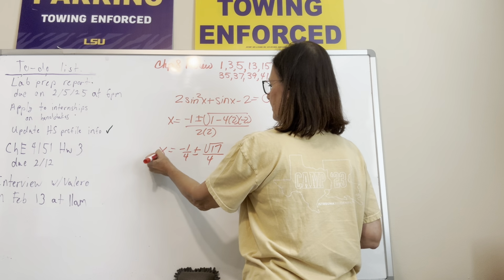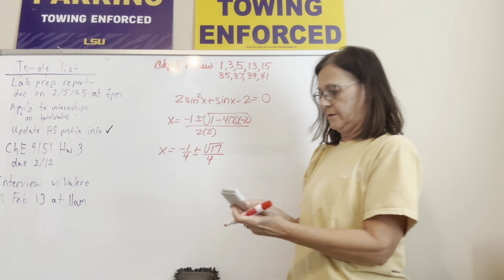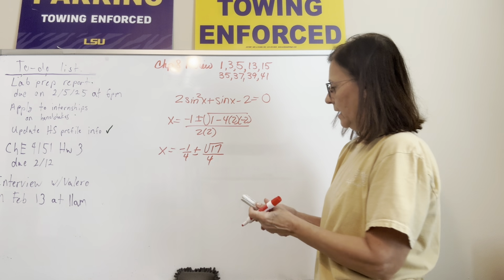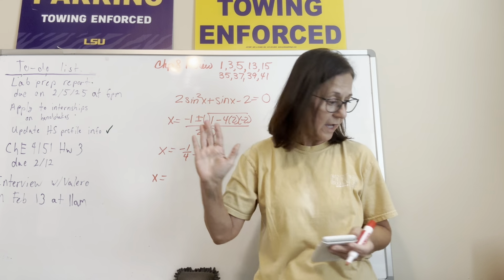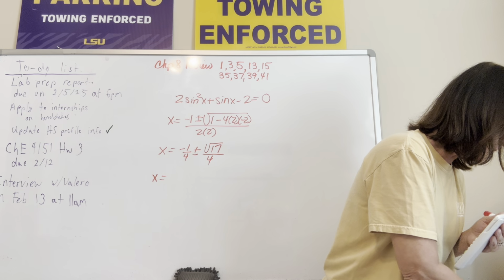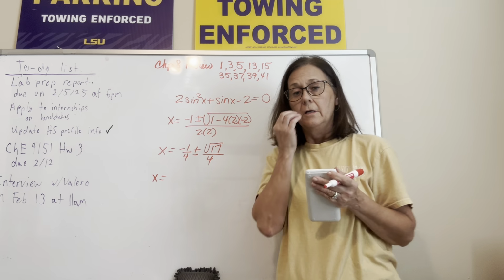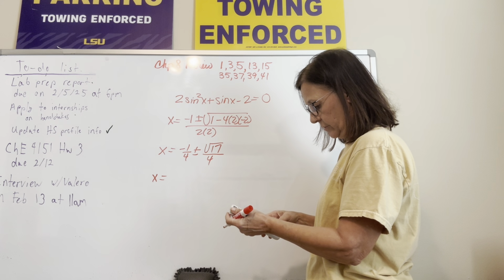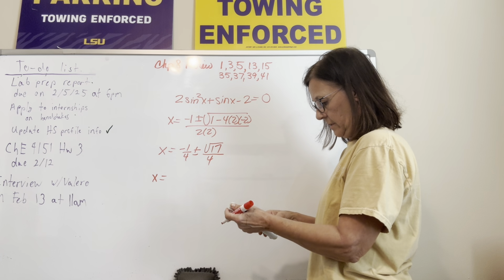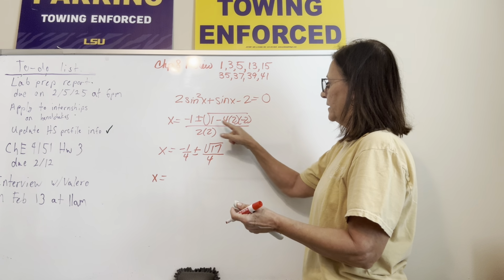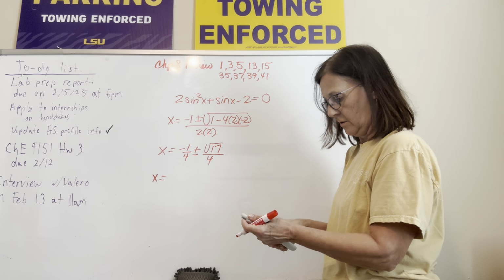That's what x equals. So I would get that in a decimal. I'll do it in this calculator. It's really going to be the sine of x equals plus and minus. So negative 1/4 plus, I'm just double checking, that's 17, square root of 17 over 4.